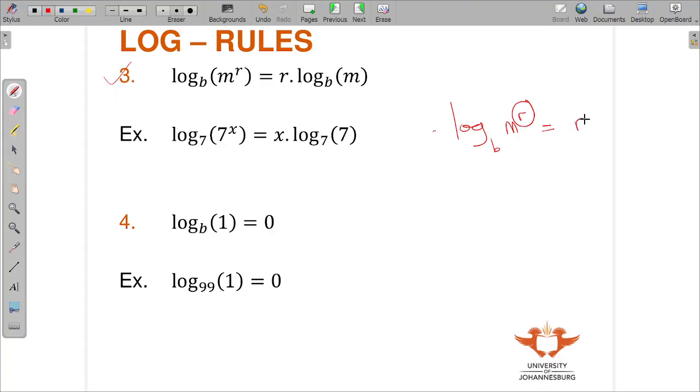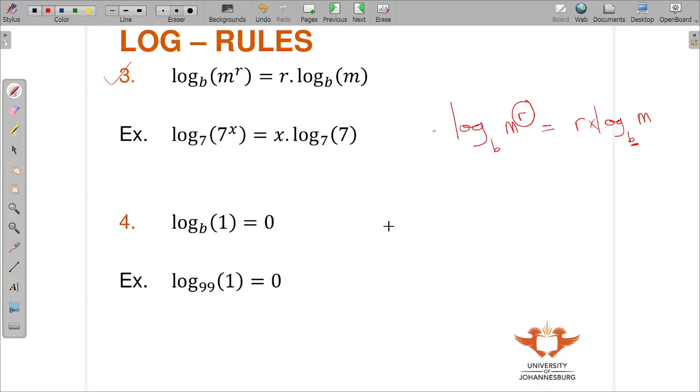So it becomes r multiplied by log of m to base b. So you bring down the exponent, then you write the log. Please take note of that.